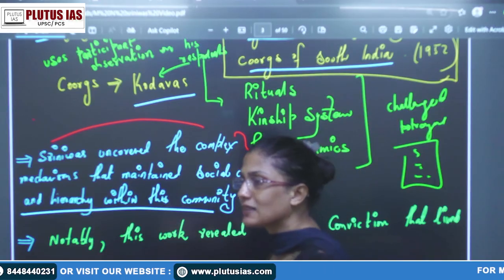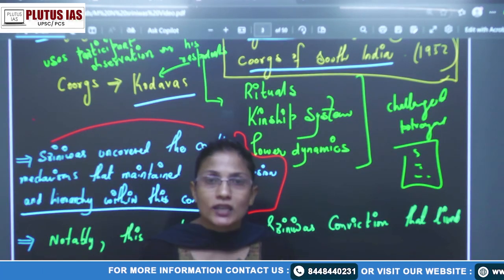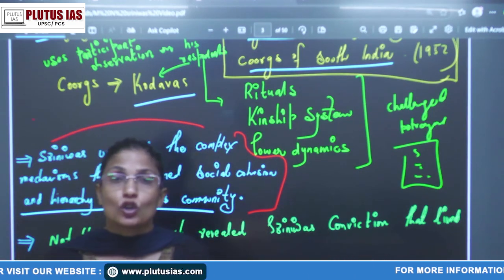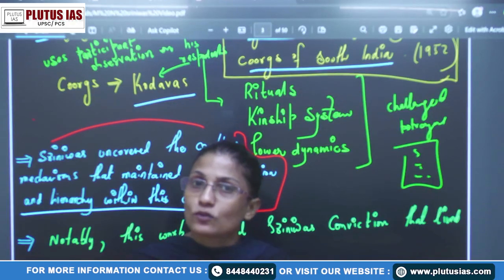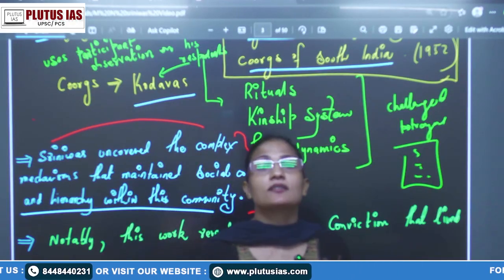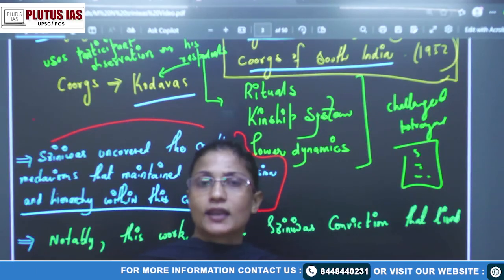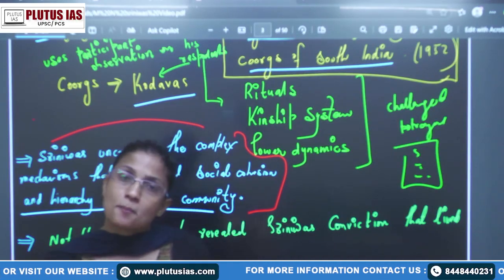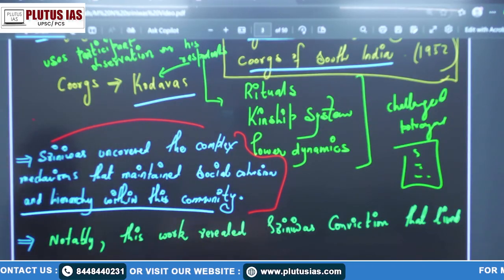What Talcott Parsons argued in The Structure of Social Action was that you need macro and micro analysis both. Later on, M.N. Srinivas also, by making such a huge contribution to understanding Indian society, used both macro and micro perspectives simultaneously.